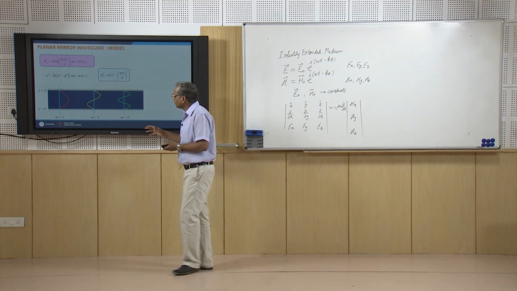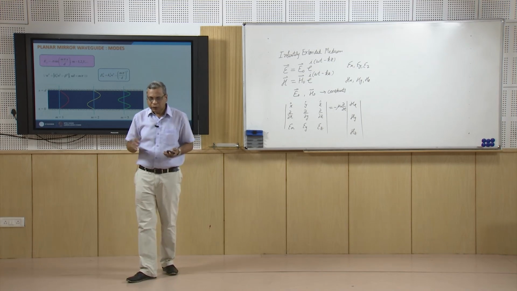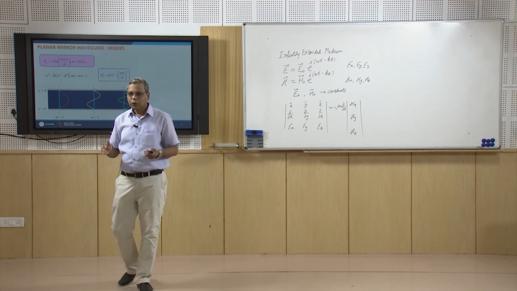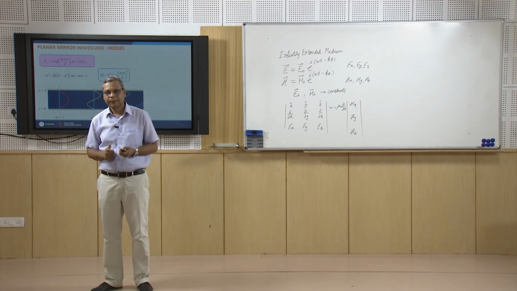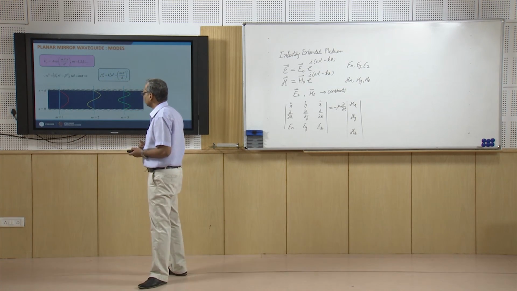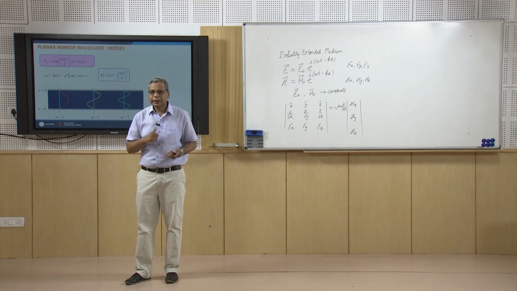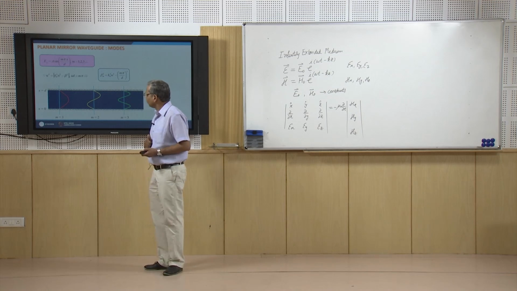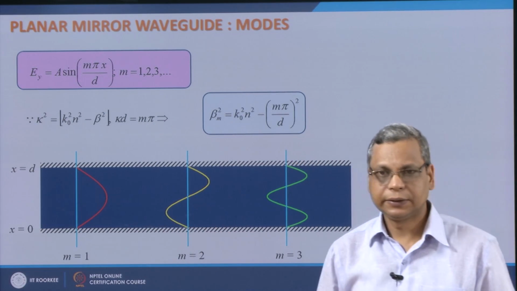They are nothing but, if you look carefully, they look like the modes of vibrations of a stretched string. So, it is similar to that. So, in the next lecture I am going to understand what do they exactly represent.